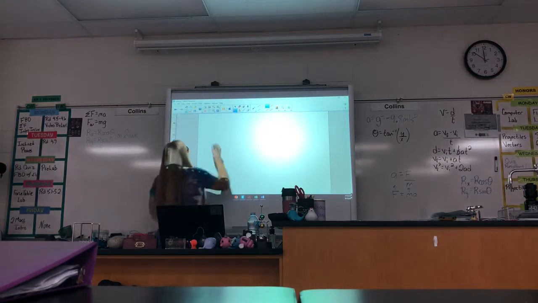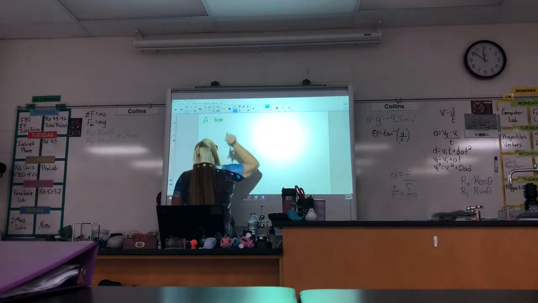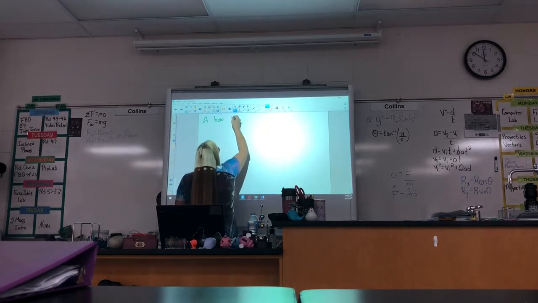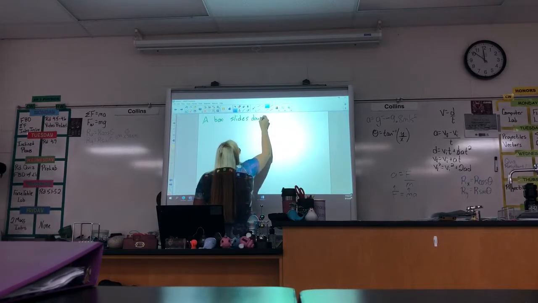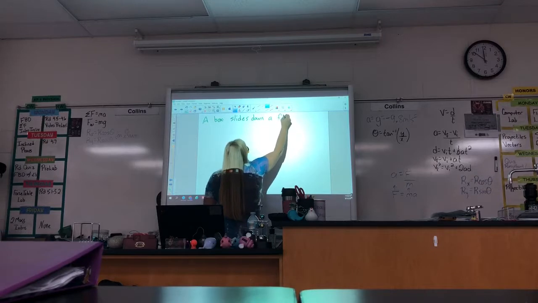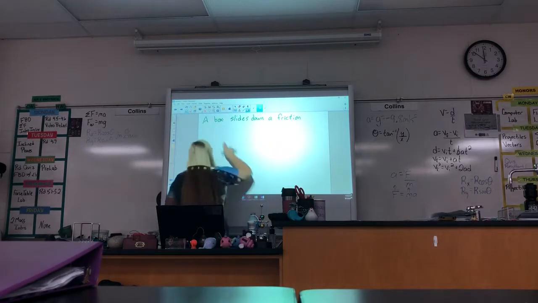Let's make one up. A box slides down a frictionless ramp. I guess I need to give the box a mass.